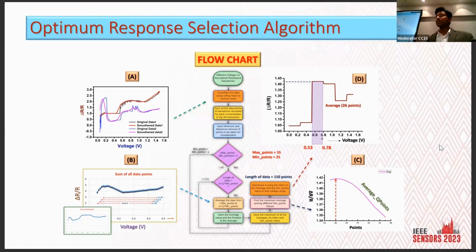get the highest response. In this way, we have taken the response of our sensors, which is better than the earlier techniques where people generally used to take the average of all the responses over a voltage interval.